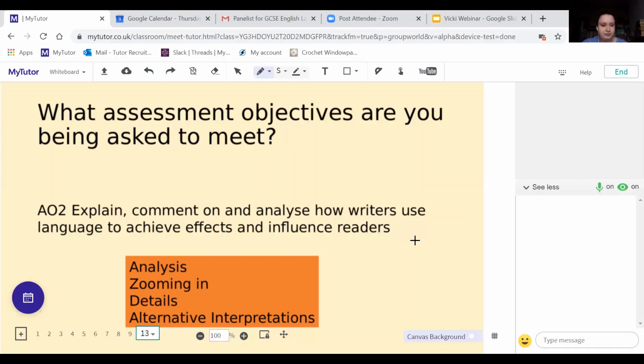So you need to do your analysis. We've got a point, our evidence, our first level basic analysis, then zooming in on something, commenting on something smaller within that quotation, talking about the details of it. Can we relate that to context? The people who do really well in this question consider the context that's been given, and they also give alternative interpretations.